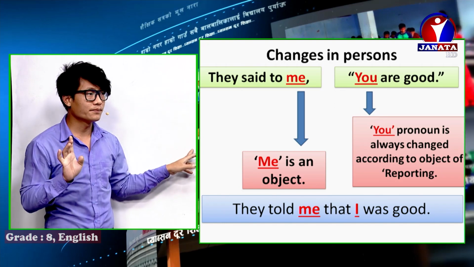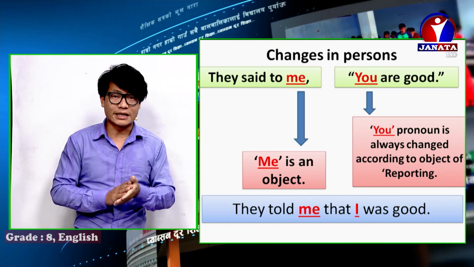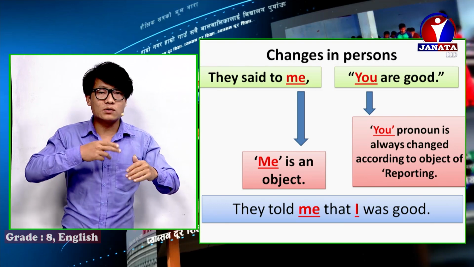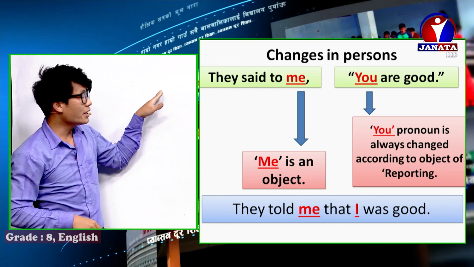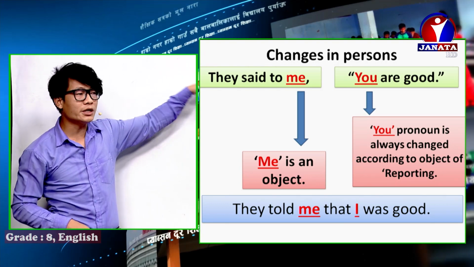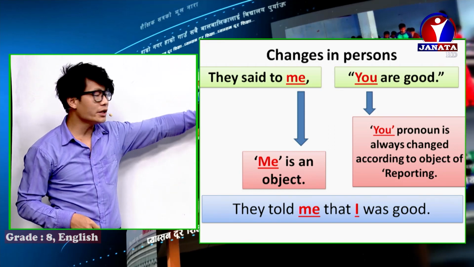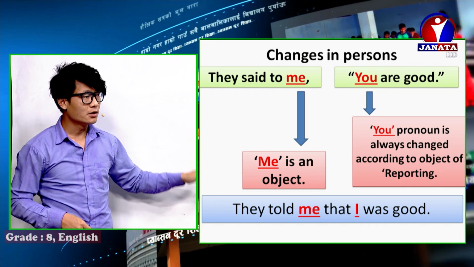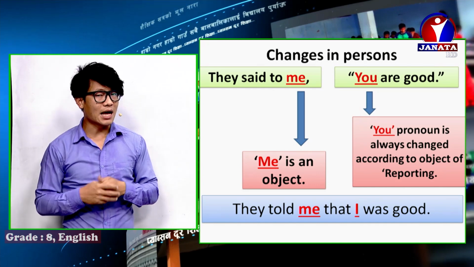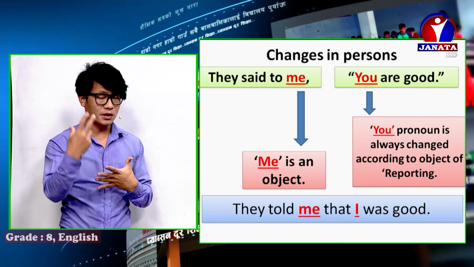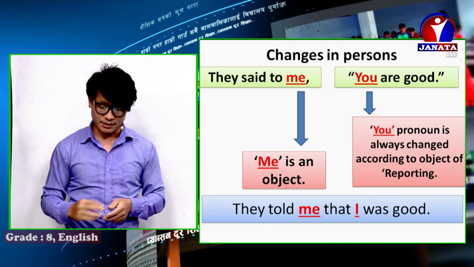It means the pronoun "you" as a subject in reported speech should be changed according to the object of reporting. There is "me", so we change "you" into "I". If there is "him", then we change "you" into "he". So they said to me, you are good. They told me that I was good. So remember, the pronoun "you" is changed according to the object of reporting.